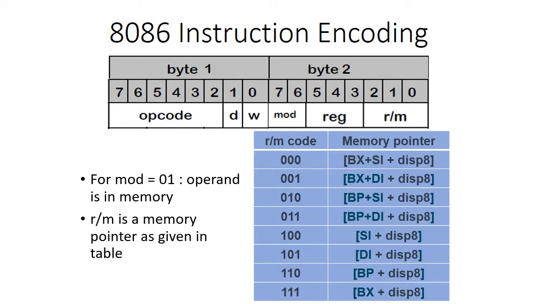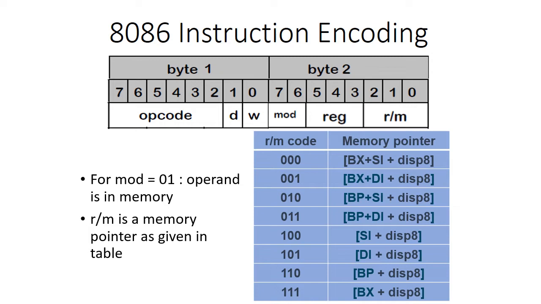For the case mode field equals 01, the pattern 000 through to 011 in the RM field specifies based index with displacement addressing for the operand. The pattern 100 and the pattern 101 specifies indexed addressing with displacement for the operand.